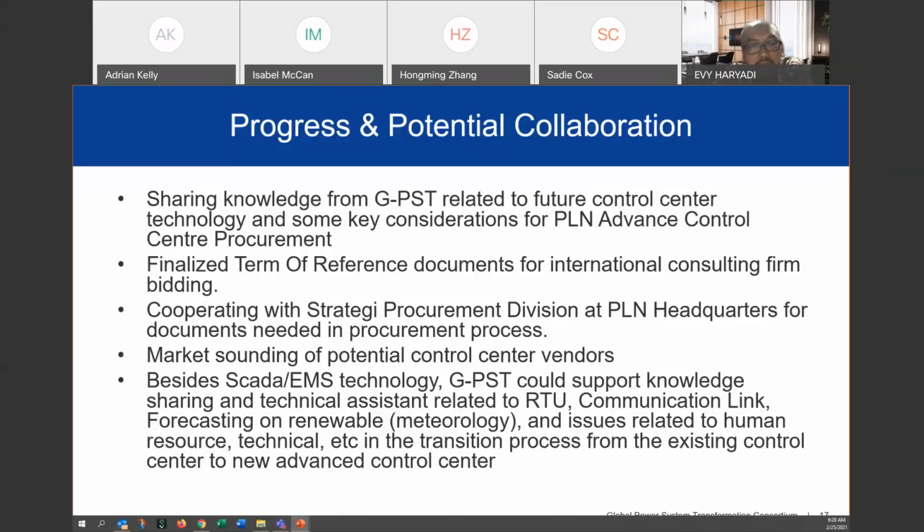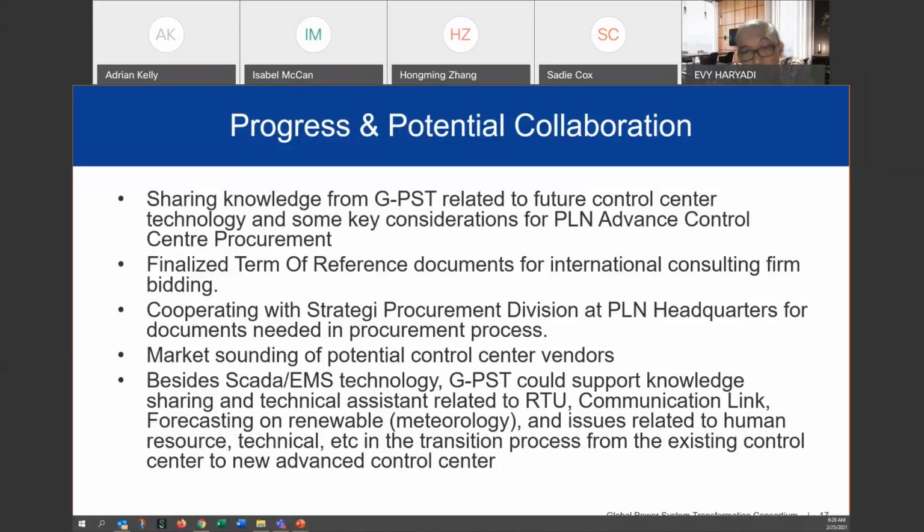Another is, besides SCADA EMS technology, we also have some difficulty related to the RTU communication link and the forecasting of renewables, especially related to meteorology like weather.